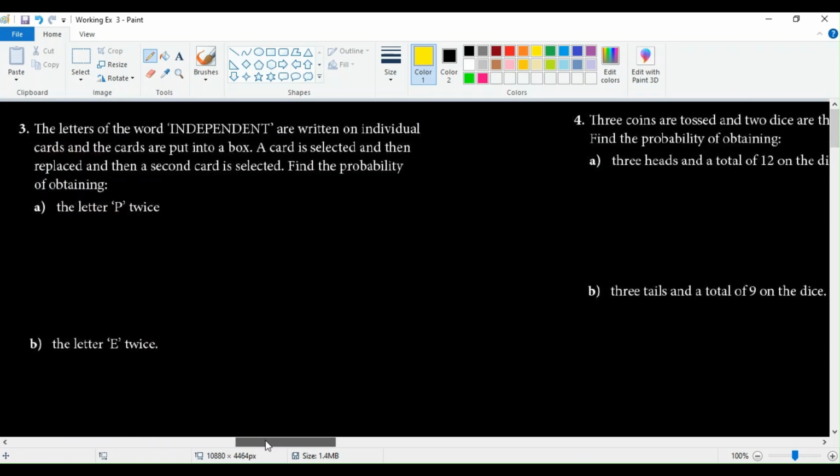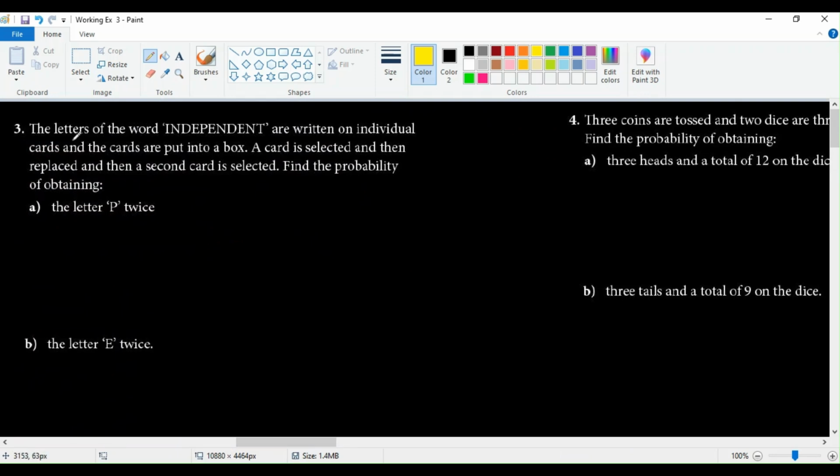When it comes to question number 3, it says the letters of the word independent are written on individual cards and the cards are put into a box. A card is selected and then replaced, and then a second card is selected. Find the probability of obtaining a letter P twice. First of all, look at how many letters we have.